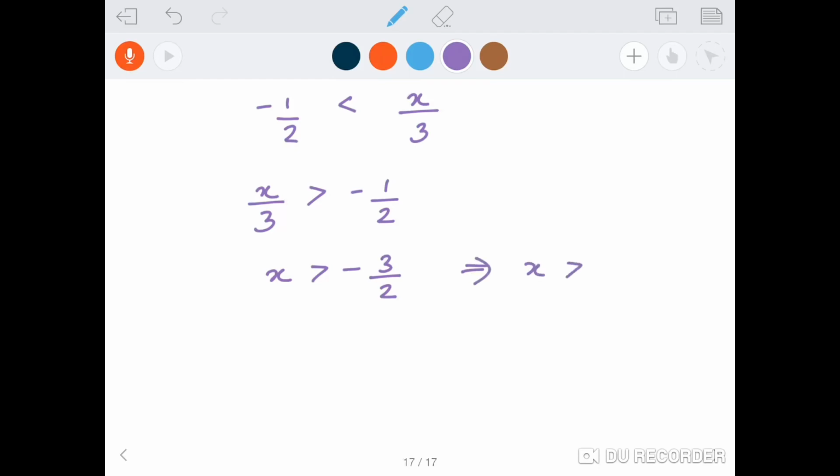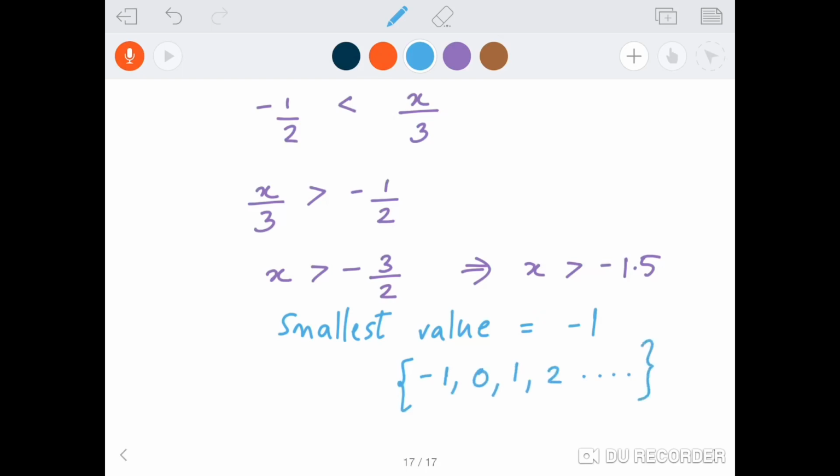Now since x is greater than minus 3 by 2, I know minus 3 by 2 is minus 1.5. So now that you know what family of numbers it belongs to, they're asking you to find the smallest value of x. The smallest value of x will be minus 1, because you're looking at all integers which are greater than minus 1.5, and you know your integers are always going to be those numbers that are either positive or negative with a 0.